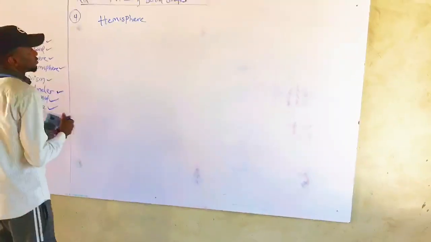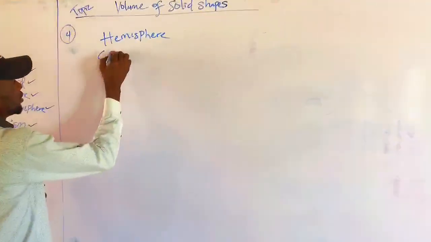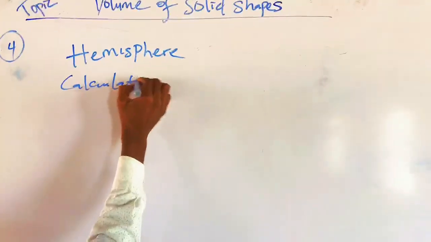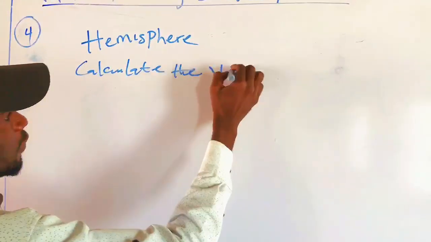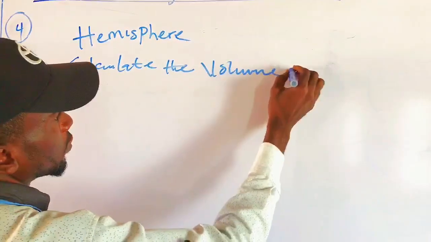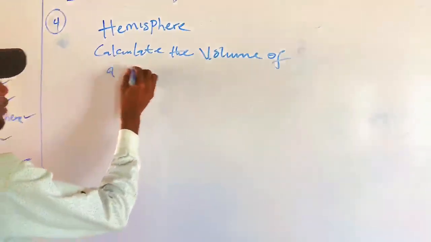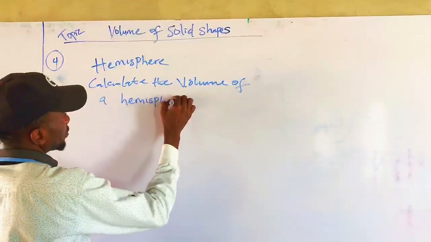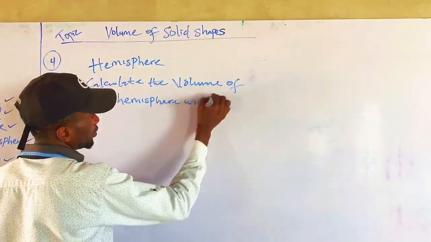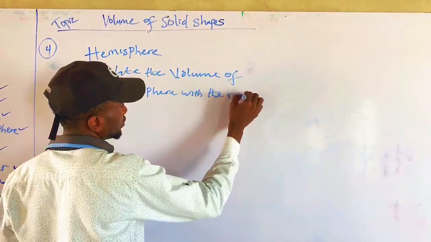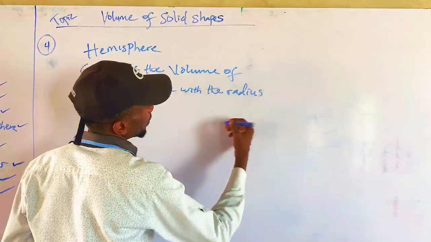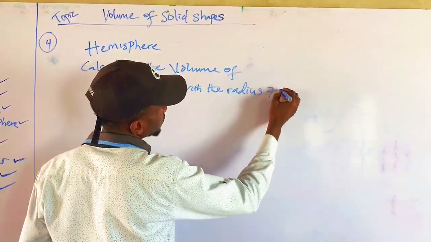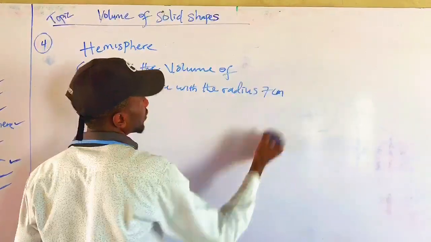Alright, my next question could be: calculate the volume of a hemisphere with the radius 7 centimeter.